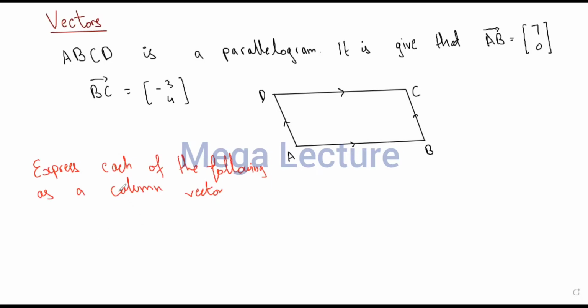All right, so it is DC. Okay. Now you need to find DC and you need to find DA.